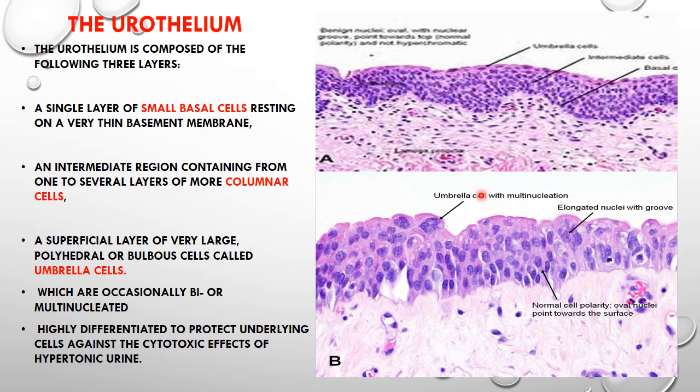Now, the characteristic feature of this urothelium or transitional epithelium, as you have already studied in the first years, is that they are stretchable, so they can be distended. In the full bladder, these cells become distended, and these dome-shaped cells become flattened.